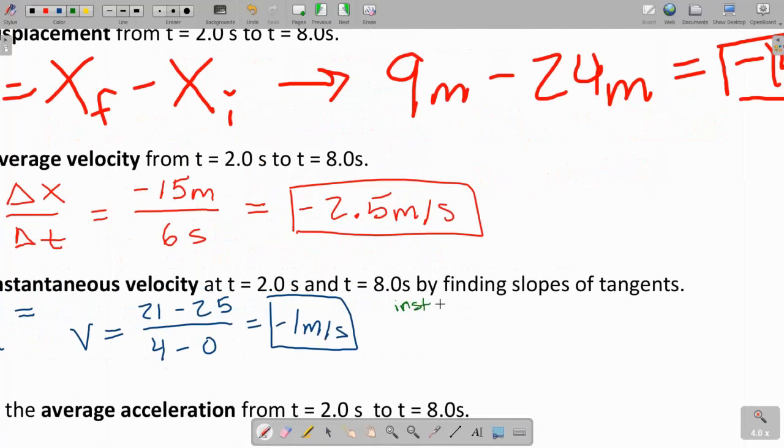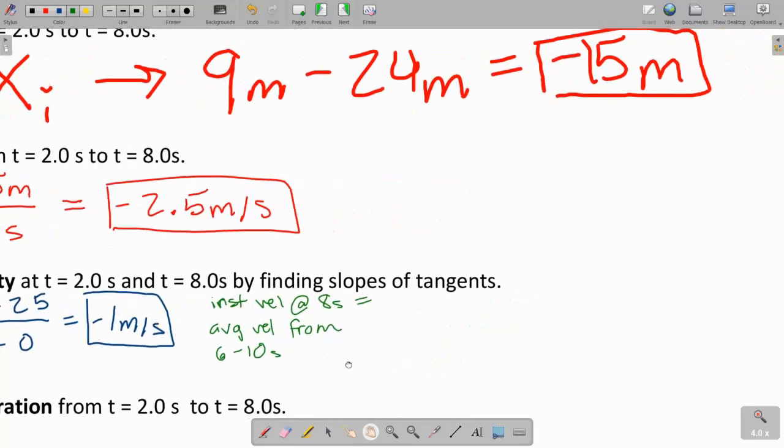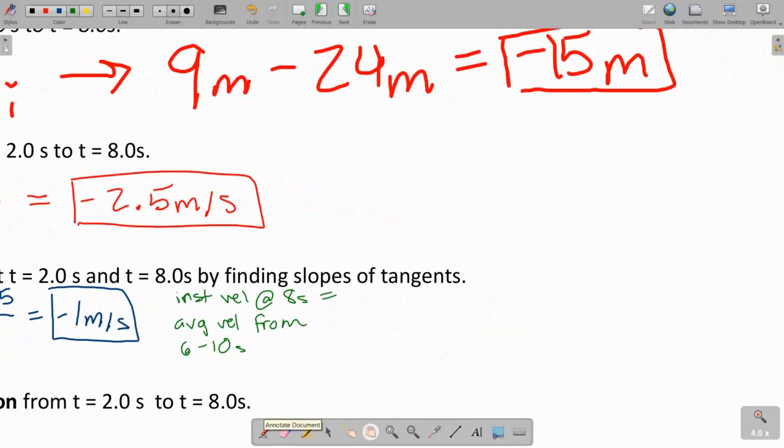So the instantaneous velocity at 8 seconds is equal to the average velocity from 6 to 10 seconds. You could also have used 7 and 9 seconds. It's just what I chose to do. So again, we just find the slope of that line. We already had those points.